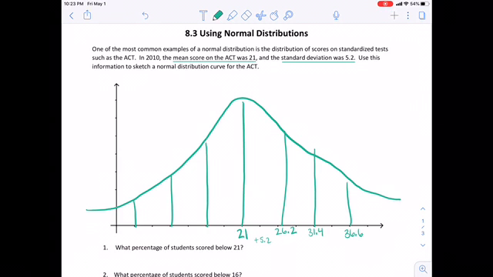Heading down, now I'm going to subtract the 5.2. So if I take 21 and subtract 5.2, that gives me 15.8. And then I can subtract 5.2 again, which will give me 10.6. And I subtract it a third time and get 5.4.